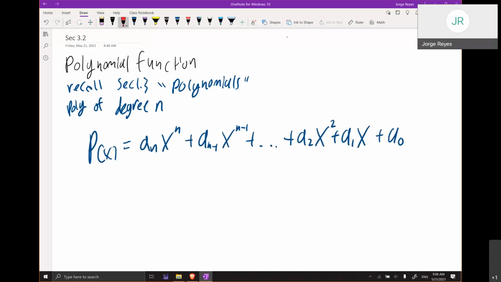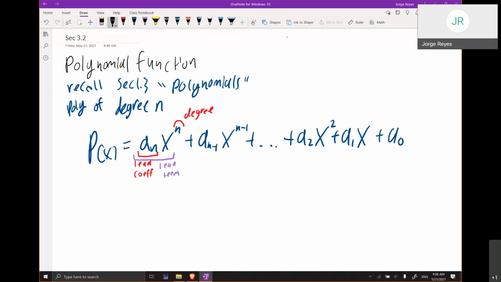And you're like, okay, this is the leading coefficient. This whole thing is the leading term. n is the degree. And then it kind of matches, right?